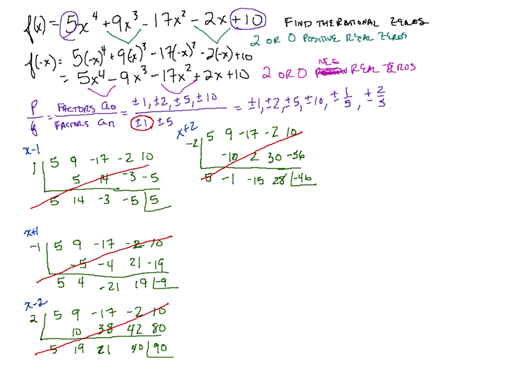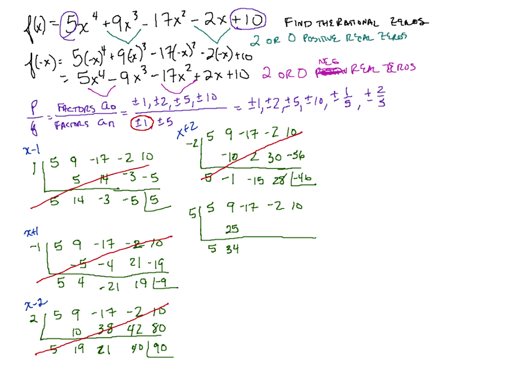Okay, now we'll try 5. Maybe we'll hit one here soon. 5, 9, negative 17, negative 2, and 10. So 5, 25. Whoa, 34.